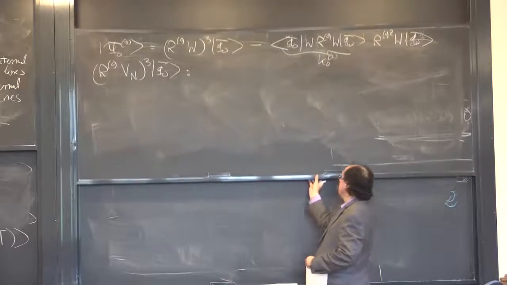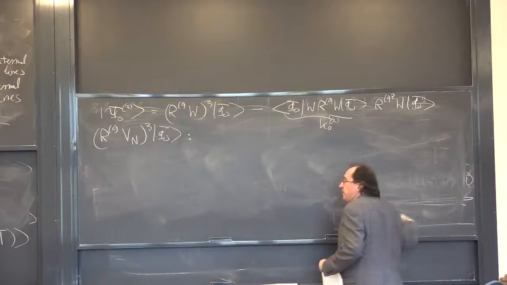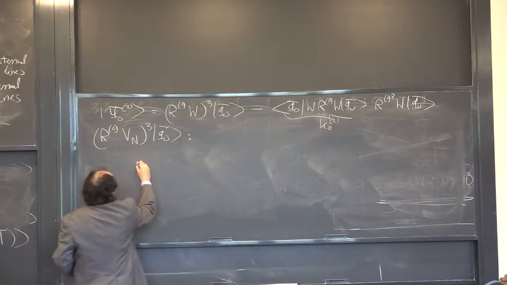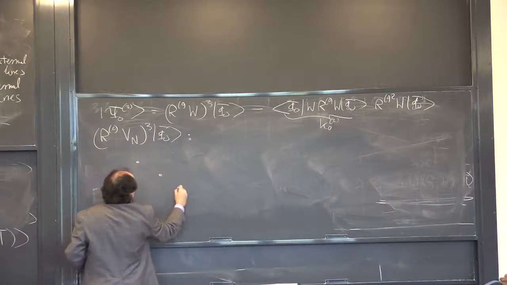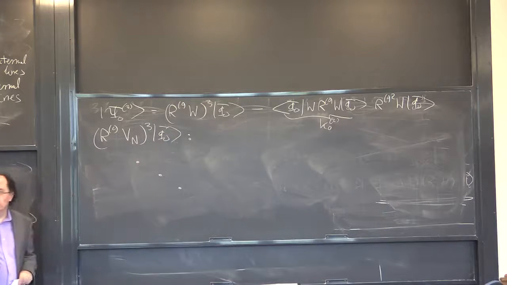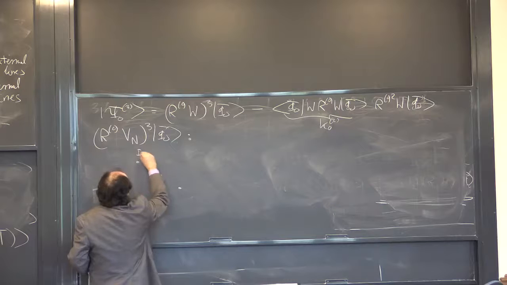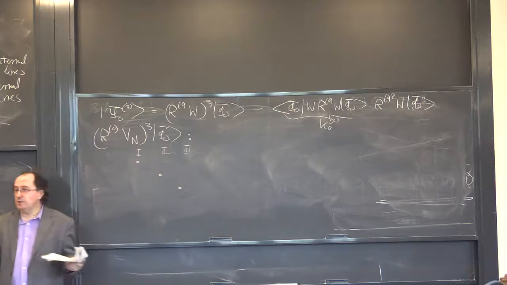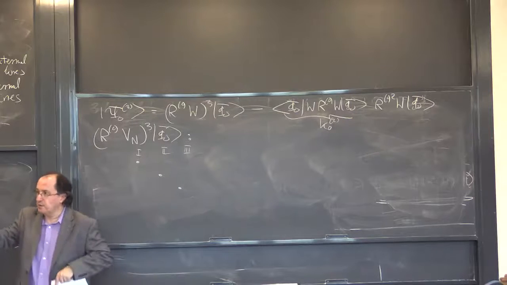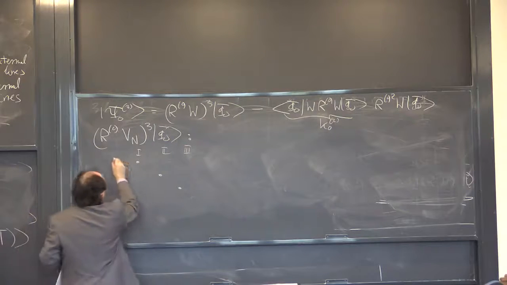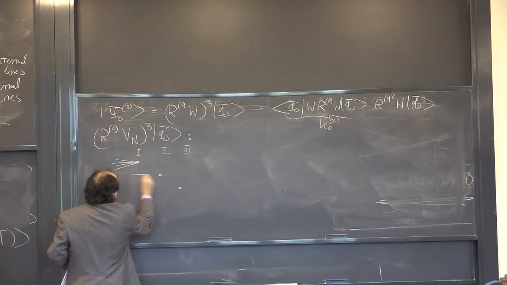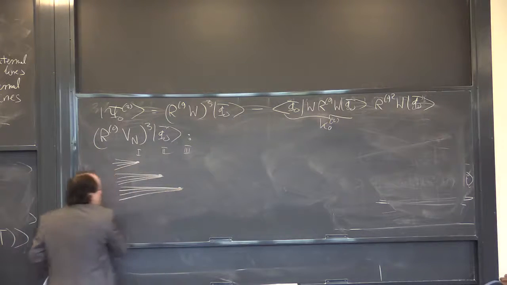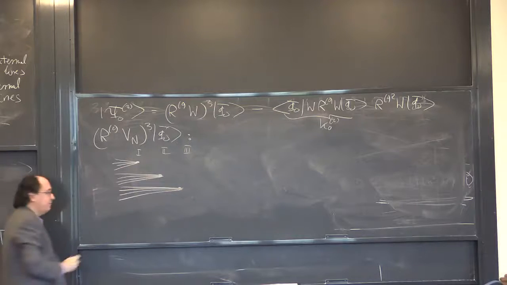So we have three vertices. I can call them 1, 2, 3. You can start by simply drawing diagrams which are completely disconnected, where each V vertex is its own piece. Very good.